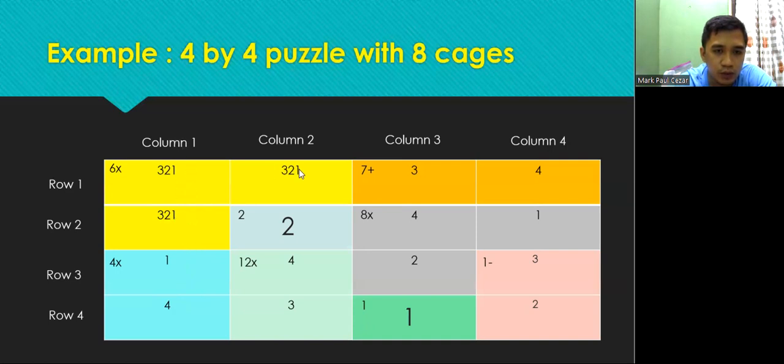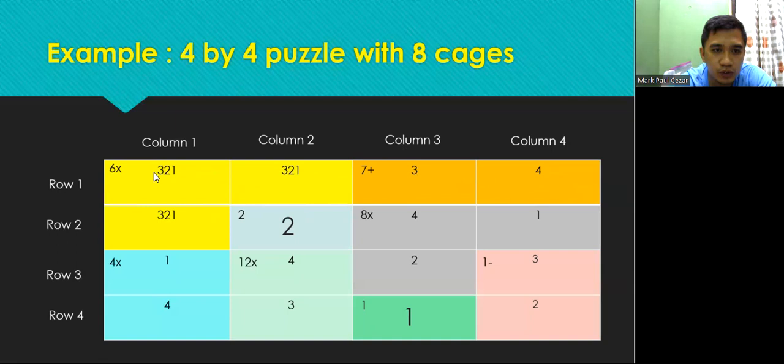So where should I put the 1? Here. I'm going to put the 1 here. If I have 1 here, 1, 2, 4, 3, so we're still good. So we are left with the number 3 and number 2. If I'm going to put 3 here, then this row will be breaking our rule because 3 and 3 here is repeated.